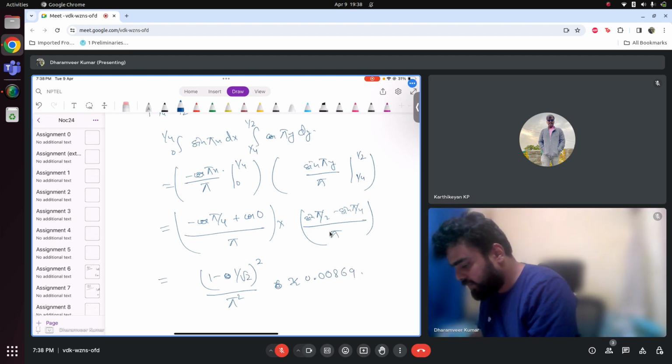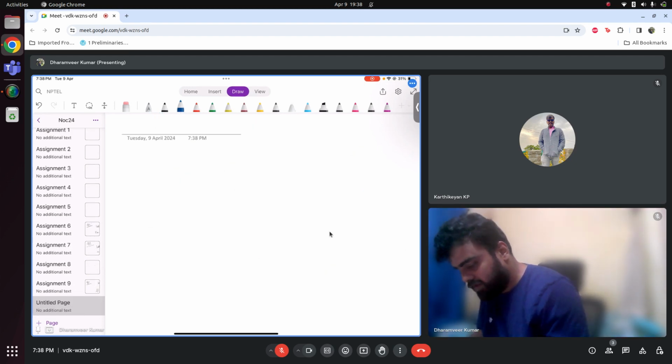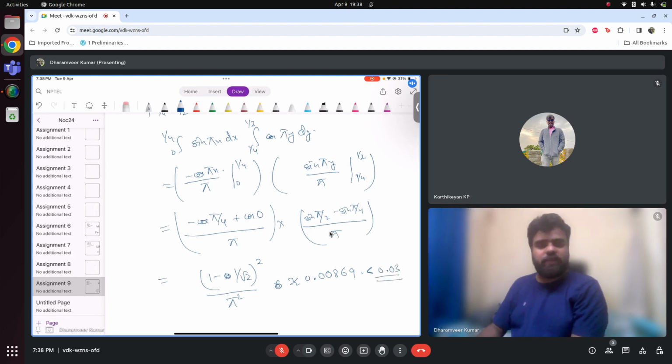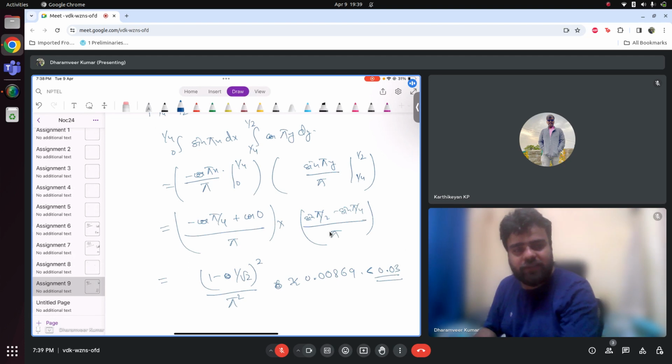Okay, you can say that yes, this is less than 0.03, but when you're going inside zero, it's harder to evaluate these things.